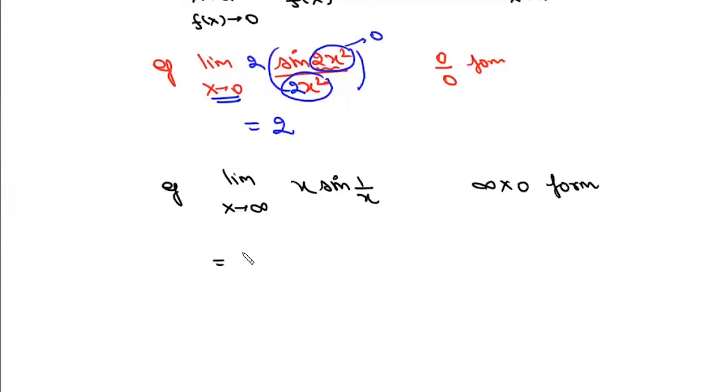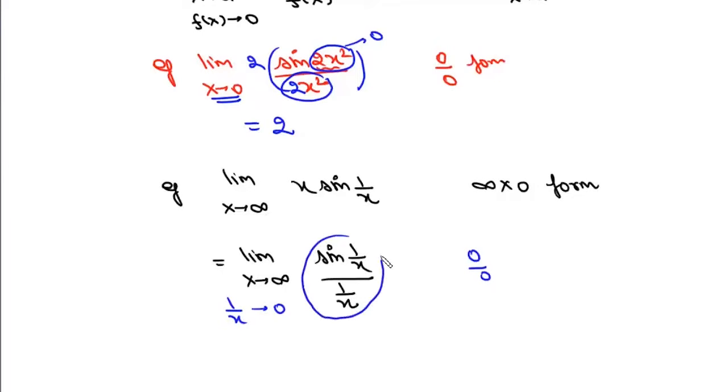Now we can write this limit as limit x tends to infinite sin 1 by x upon 1 by x. Now when x tends to infinite, 1 by x approaches 0. So basically it is 0 upon 0 form. So in this case, this f(x) is 1 by x. So here also sin 1 by x upon 1 by x is the standard limit, and this value is 1.